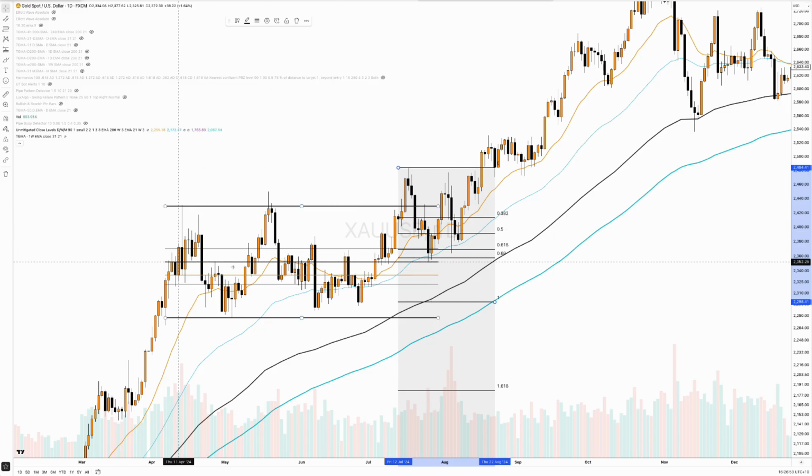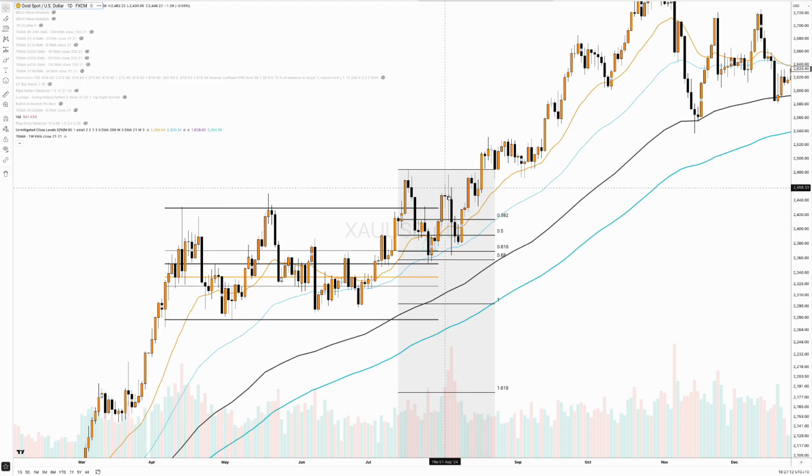The middle of this range, if you do it right, is 50%, coupled with the Fibonacci. That is a good level because the moving averages are there as well. And then we get this bullish candle, a reversal. We get the backtest again, roughly here, a liquidity sweep, and then price keeps going up.